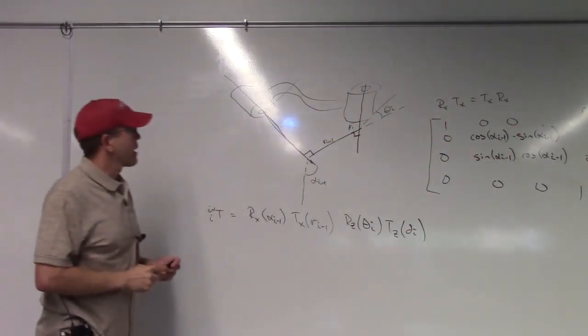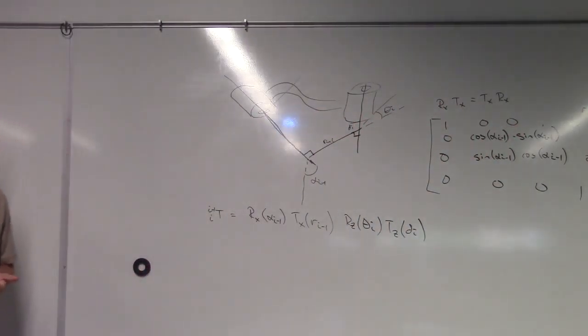That is the matrix that describes the physical characteristics of our joint link pair. That makes sense?